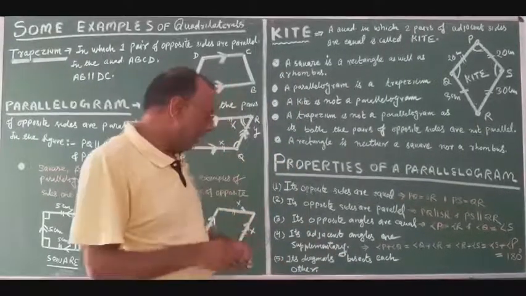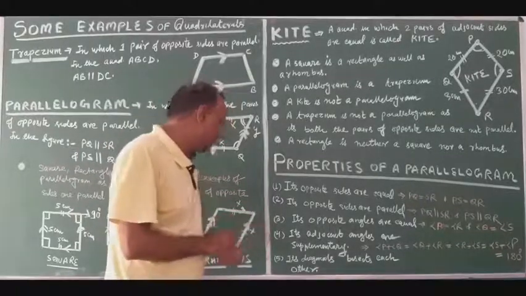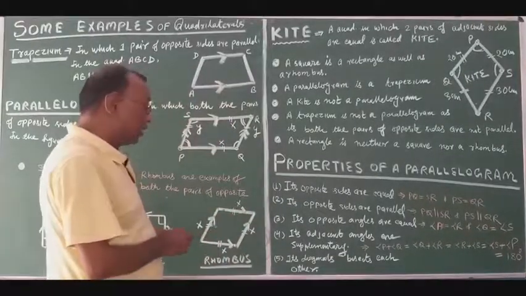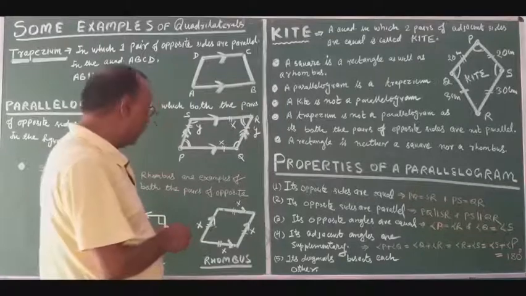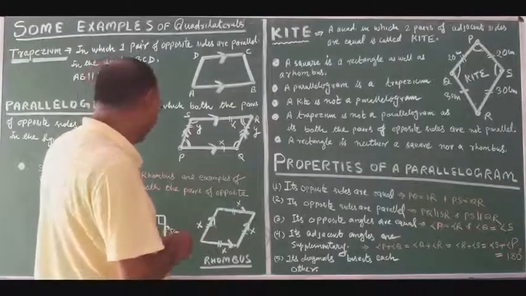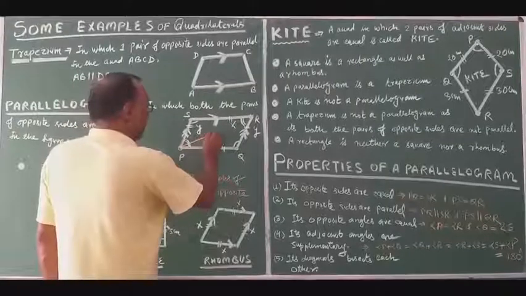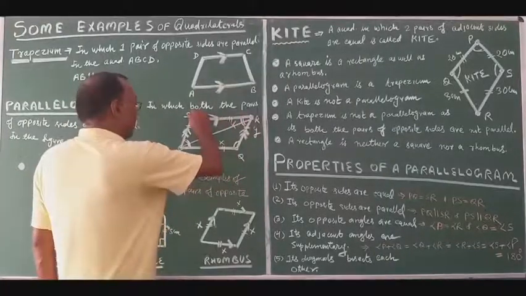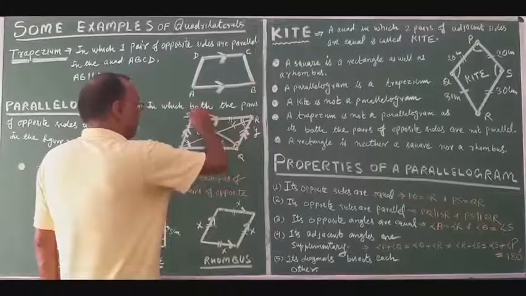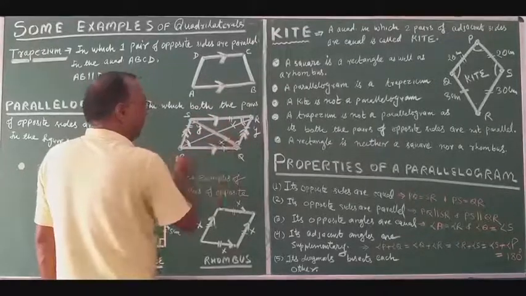And the last, the fifth one, its diagonals bisect each other. Just look at the diagonals. These are the two diagonals.